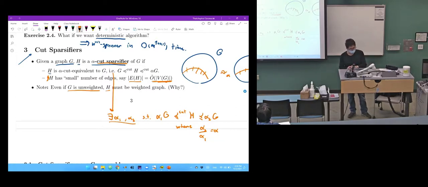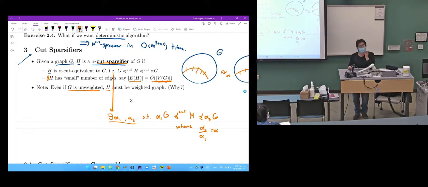Is it possible for every graph? That is not clear. Is it because we can decrease alpha 1 as much as we want, especially for complete graphs?